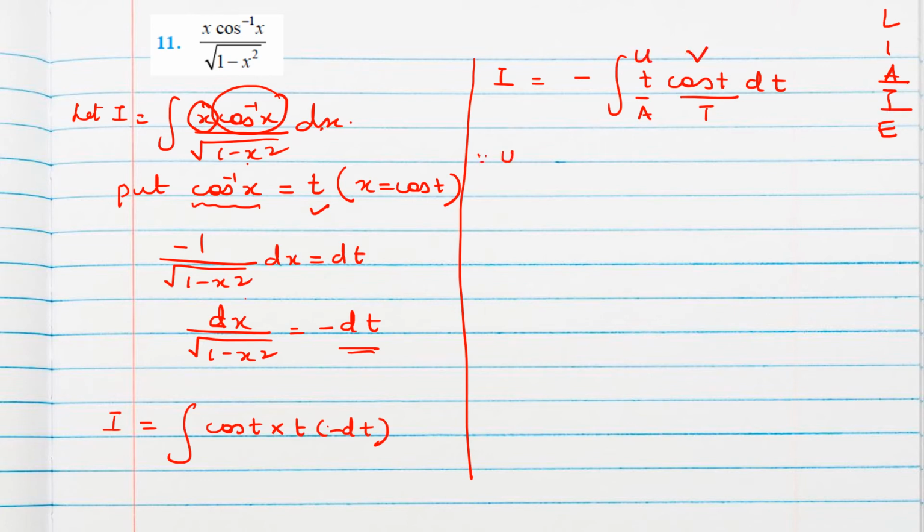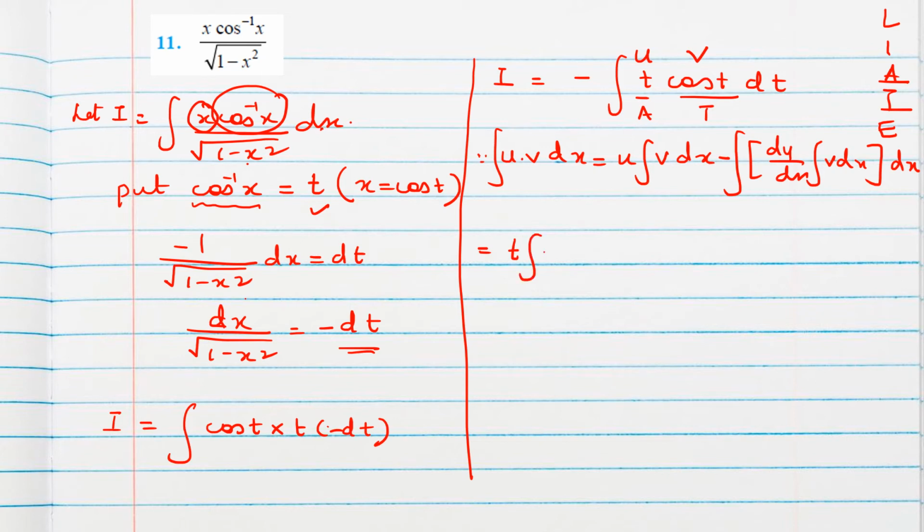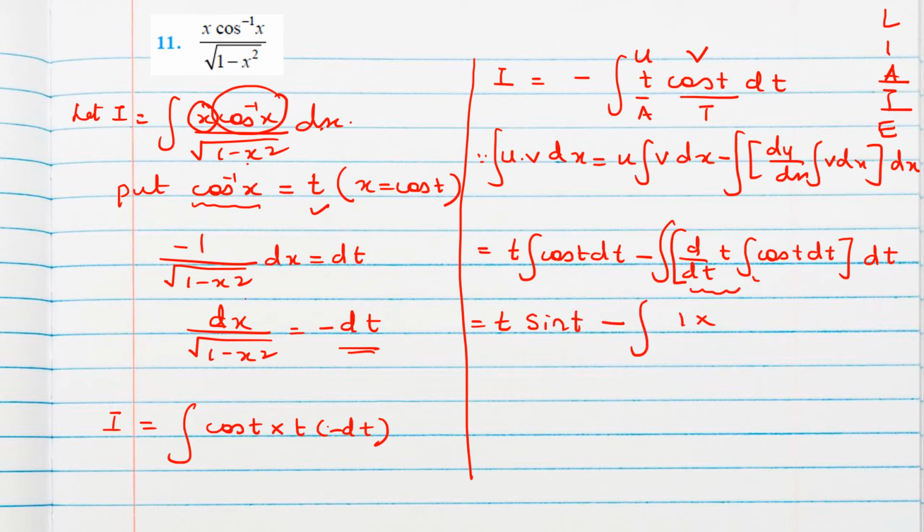Since we know the integral of u into v dx is u integral v dx minus the integral of du by dx times integral v dx, we can write t integral cos t dt minus the integral of the derivative of t times integral cos t dt. So the integral of cos t, we know, is sin t. Minus the derivative of t is 1, integral cos t is sin t dt.